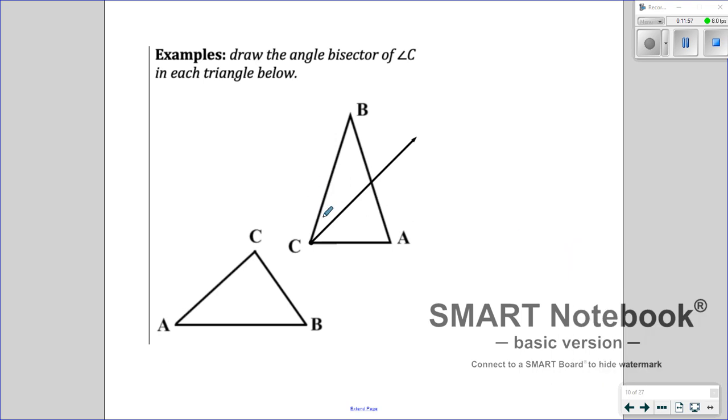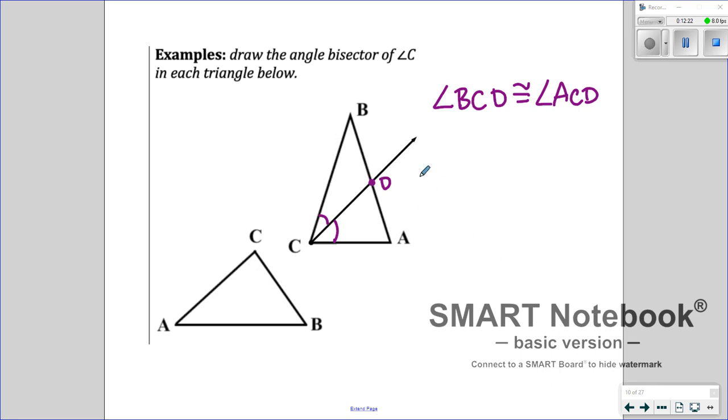So try to eyeball it and make the angles congruent. So these two are going to be congruent. I'm going to put this D. Angle BCD is congruent to angle ACD.